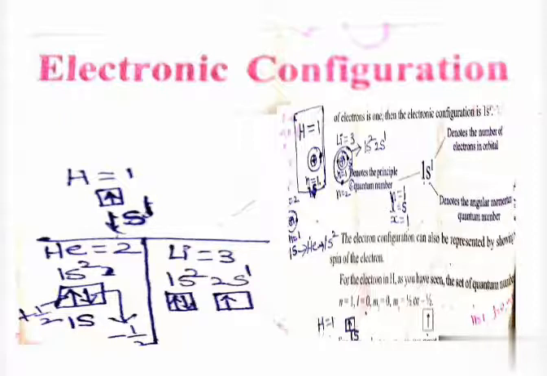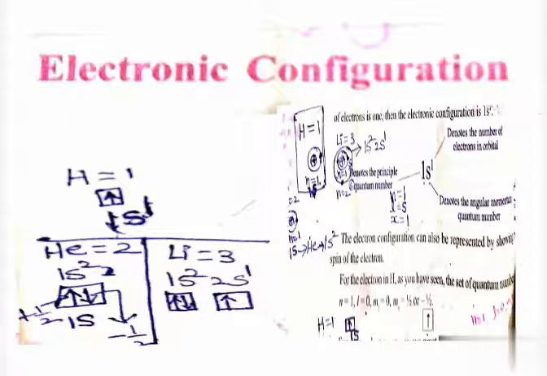Lithium atomic number is 3, so 3 protons and 3 electrons will be there. The nucleus in the middle, in the first shell 2 electrons, and in the last shell one electron, 2 plus 1 is 3. Like that we can arrange the electrons in the orbitals. By this we can write the electronic configuration easily.